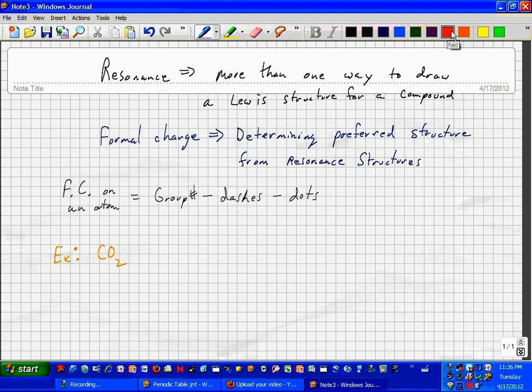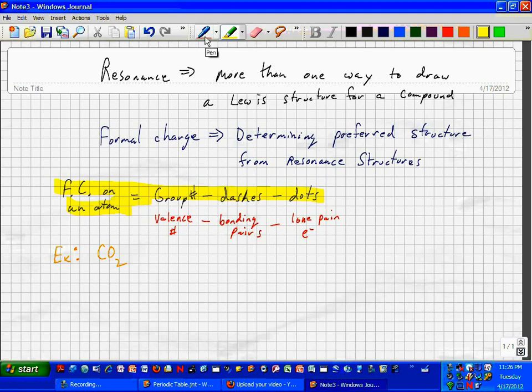What we're really doing is taking a look at the valence electrons minus the bonding pairs minus the lone pair electrons. But again, I really prefer this right here. I think it's a lot easier to remember.